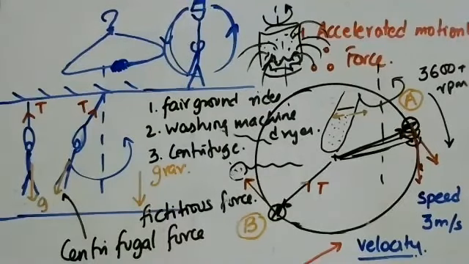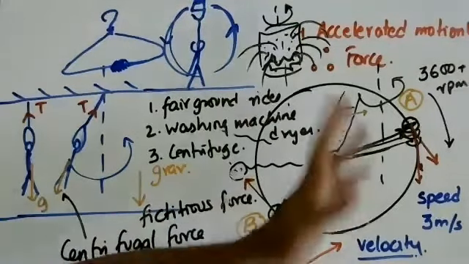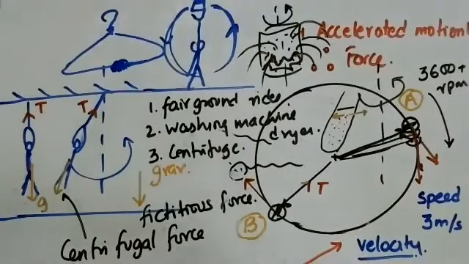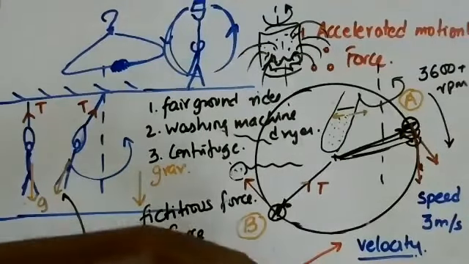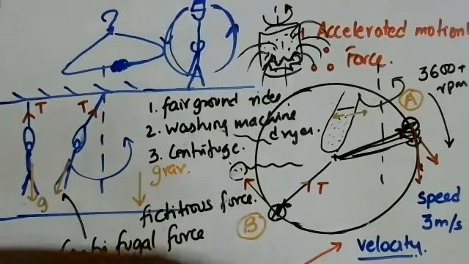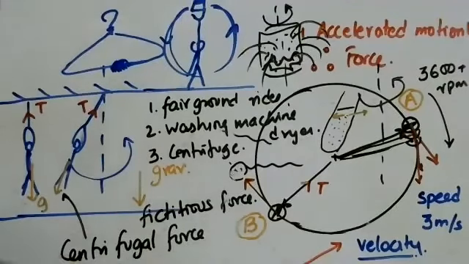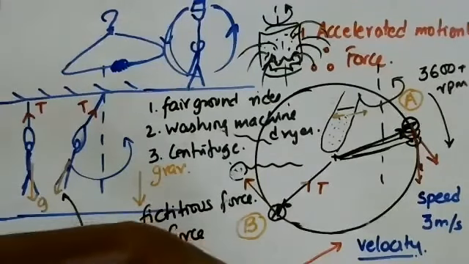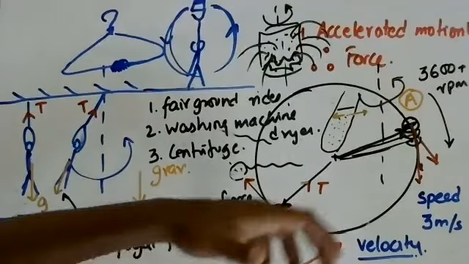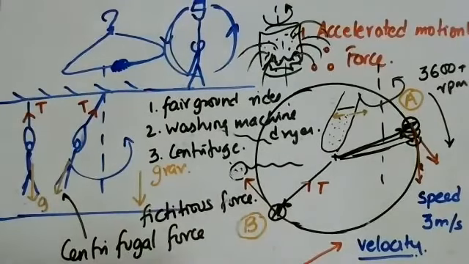You can experience up to 2 or 3 Gs when you're undergoing turns in such fast airplanes. In those situations, unless you are trained for it, you have to wear special pressure suits so that the blood doesn't drain from some parts of your body, like for example the upper part in the head. Otherwise, you will black out. And if you black out on a fast fighter plane, then you are finished.